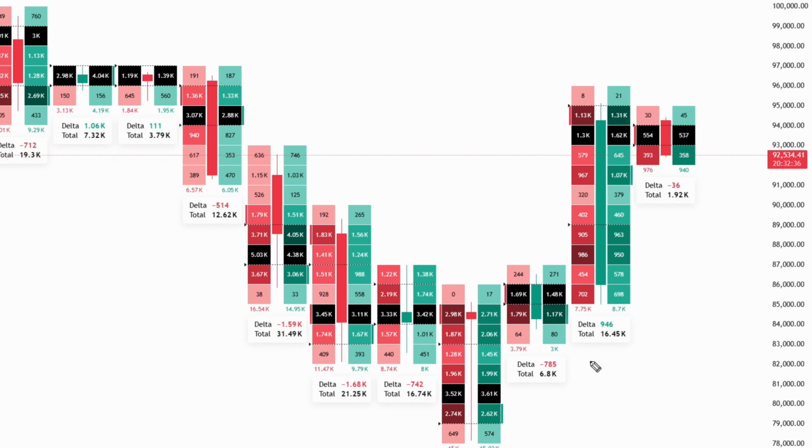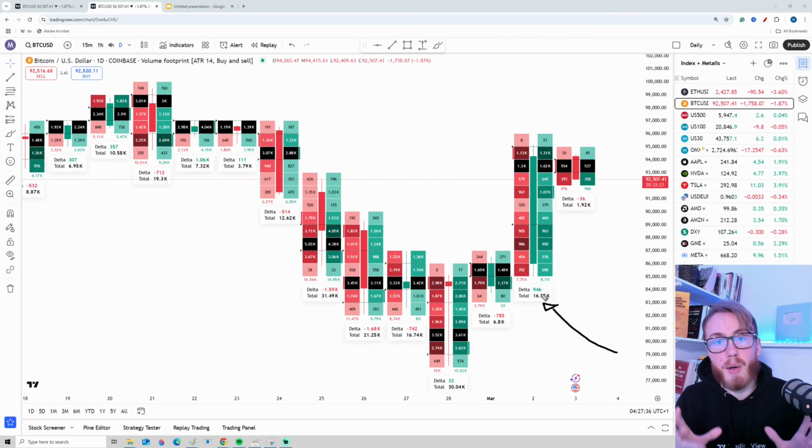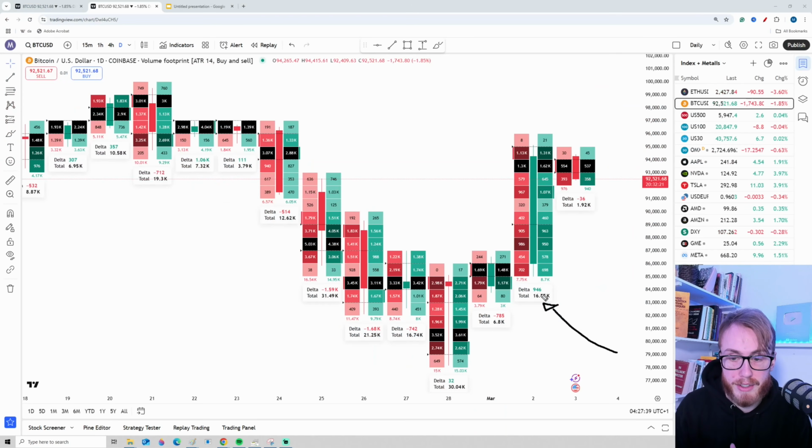The next thing we need to understand, and now I want you guys to shift the attention to the white boxes that are below each candle. You can see that we have a total and we have something called delta, and delta will be very important to understand later in this video. But let's begin with what total means. Total is very simple.